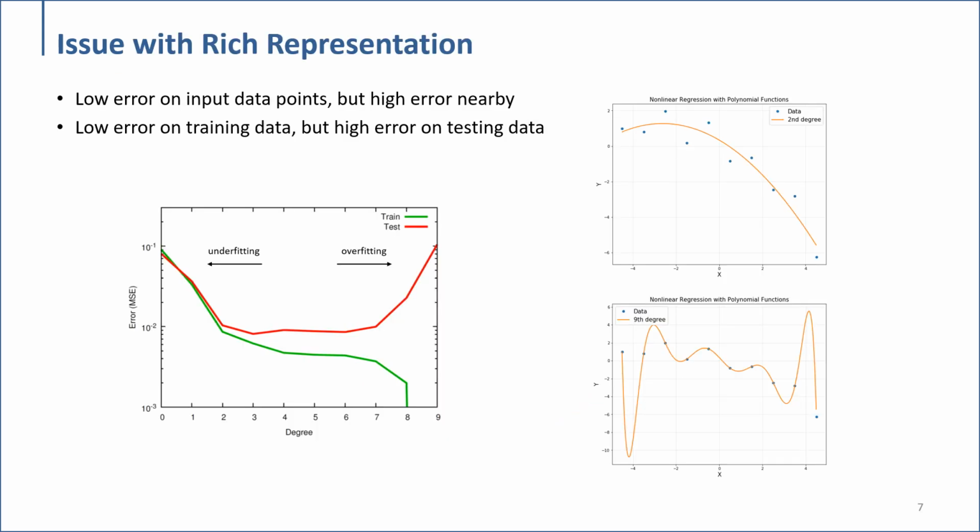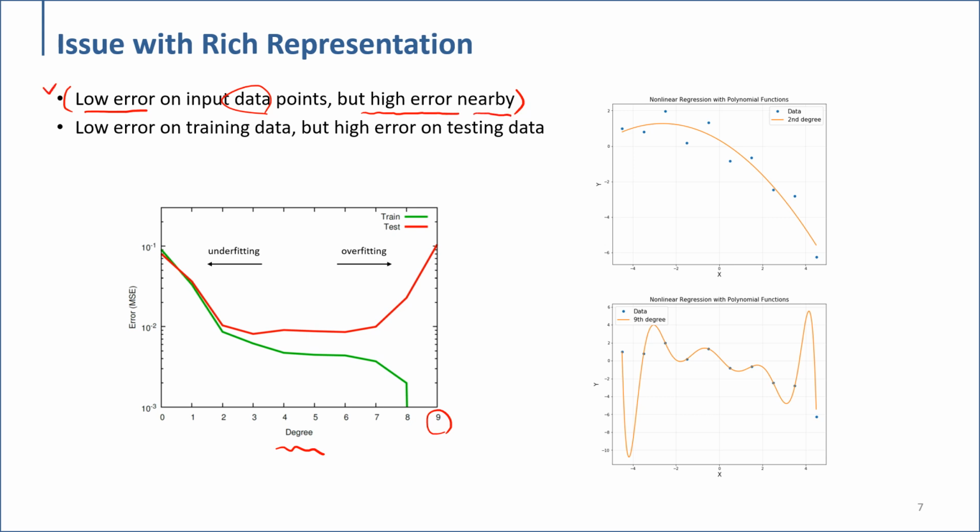Then what kind of problem is this? In previous slides, we have seen that when we keep increasing the degrees of the polynomial, it means low error on input data points, but it may cause high error at the nearby points.